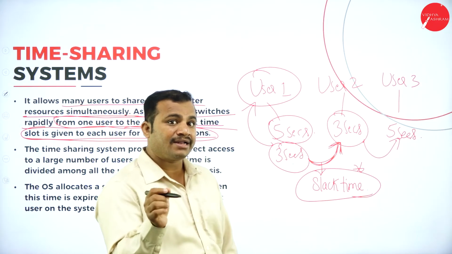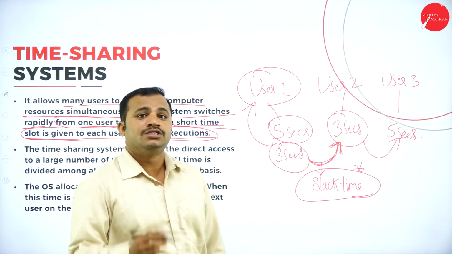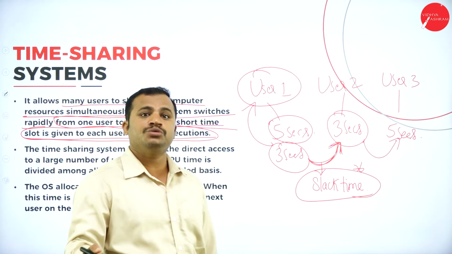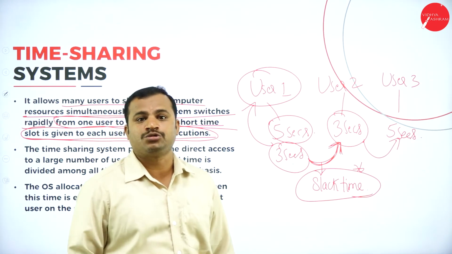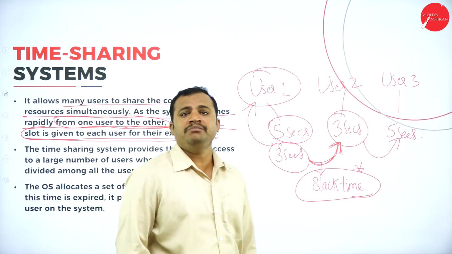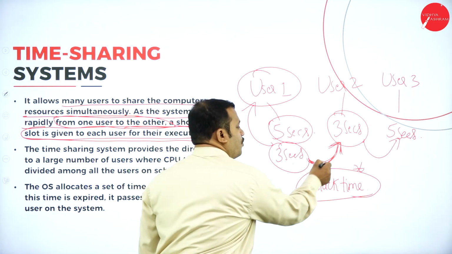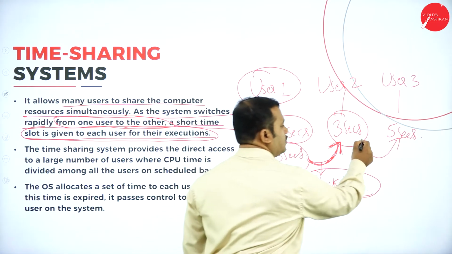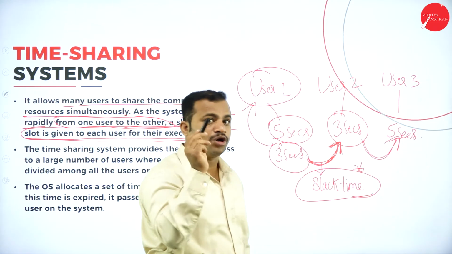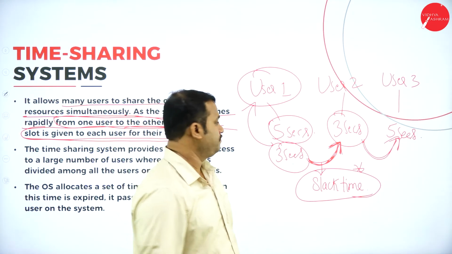So the slack time, the time dedicated for switching over, also matters in a time sharing system, because the time which elapses while switching from one user to the next user is also counted as a performance matter.